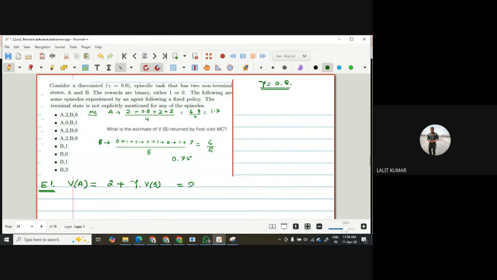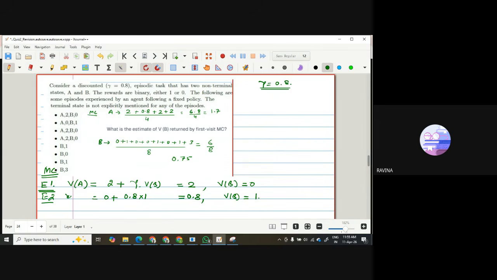So this is 2. Value of B is equal to 0. Episode 2, I'm solving for Monte Carlo. Value of A is equal to 0 plus gamma 0.8 into 1, which is 0.8. Value of B is equal to 1.